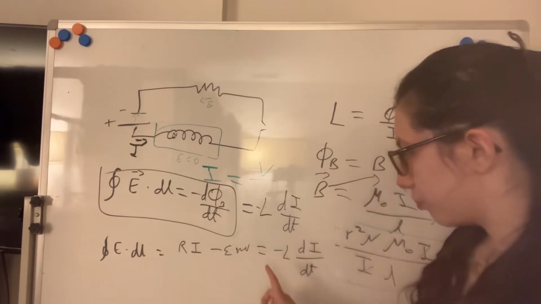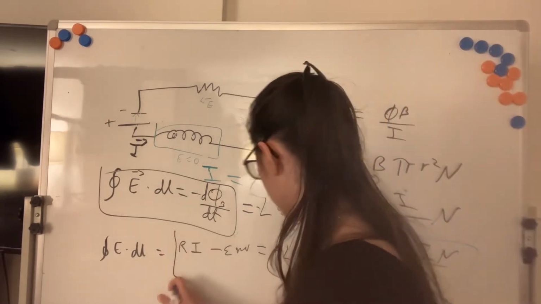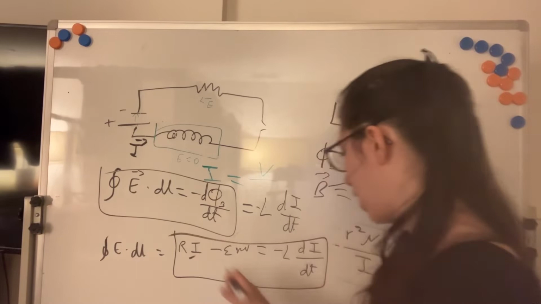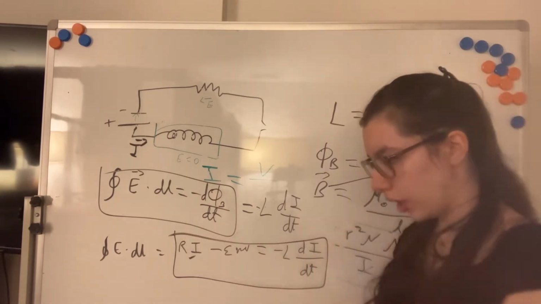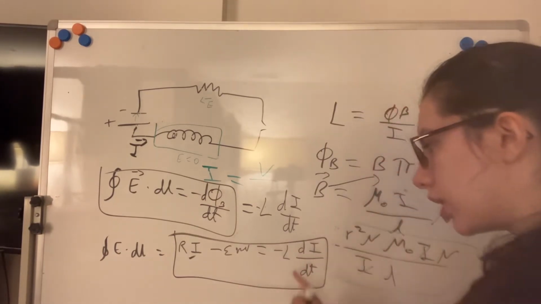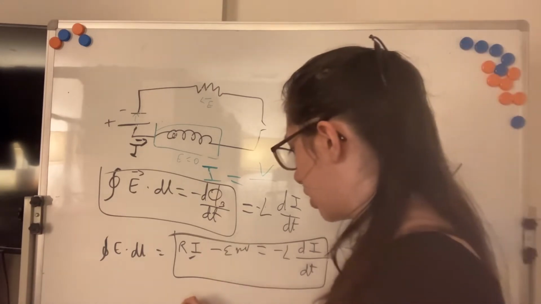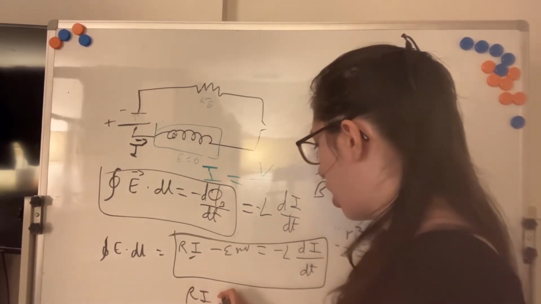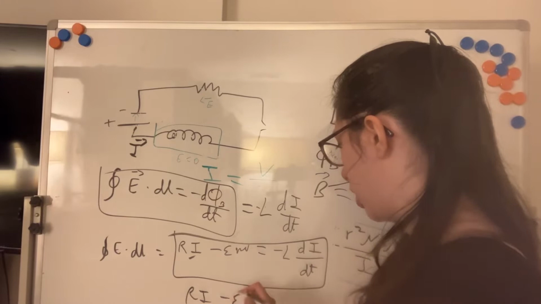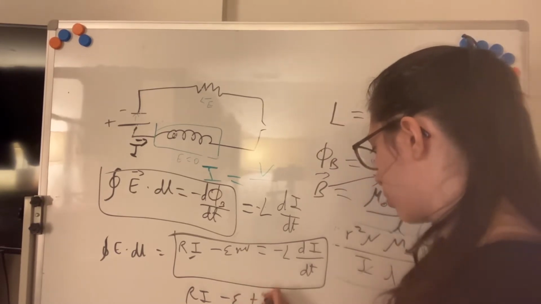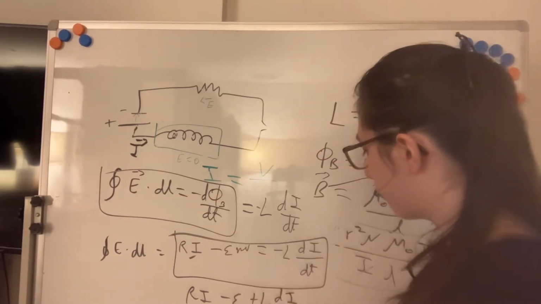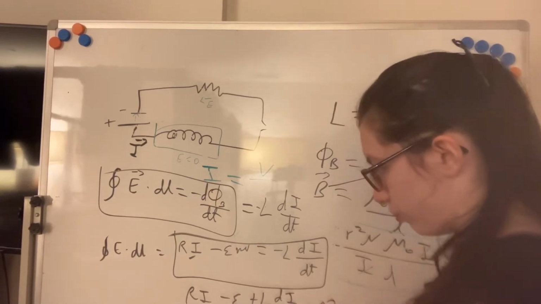So this is the differential equation because here we have I and here we have the dI/dt. This is the correct differential equation. We can rearrange this and say RI minus EMF plus L dI/dt is equal to zero.